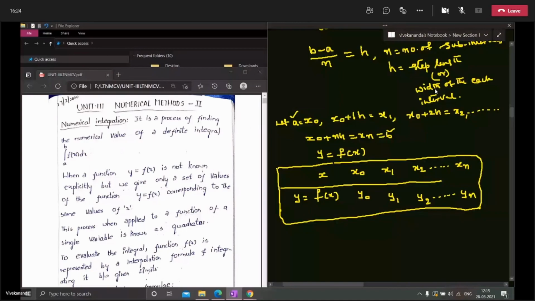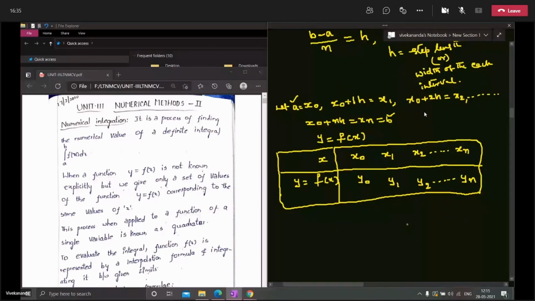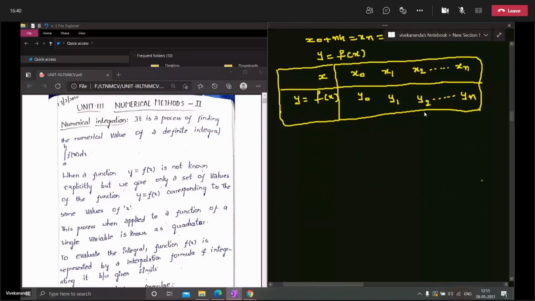If they ask to evaluate the numerical integration of the data, then by using the trapezoidal rule. So first one, trapezoidal rule.